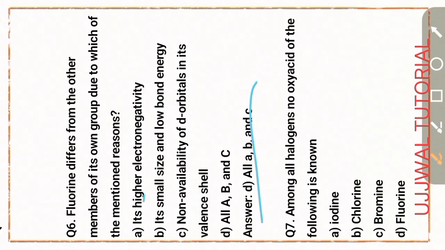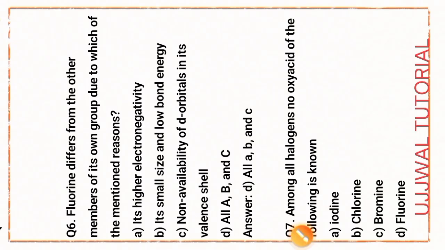The explanation is its higher electronegativity, its small size and low bonding energy, and the non-availability of d orbitals in its valence shell. Fluorine has atomic number 9, and its electron configuration is 1s2 2s2 2p5.